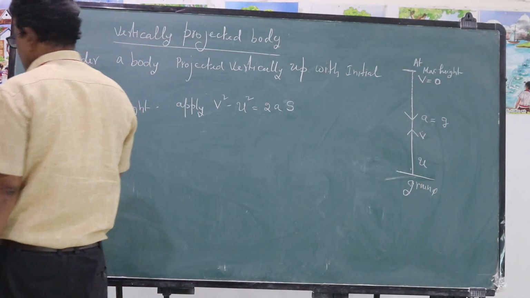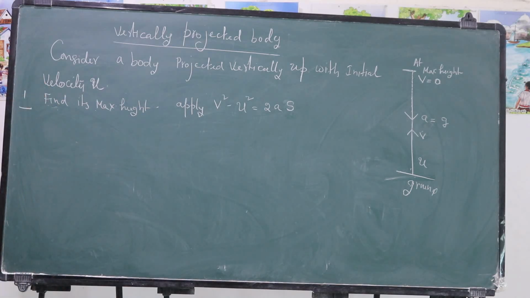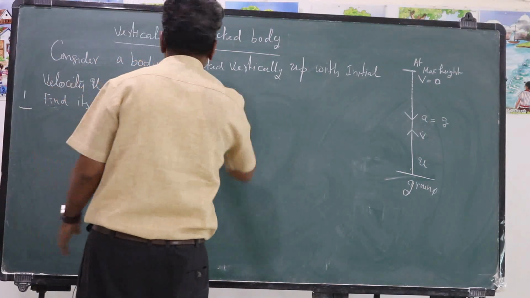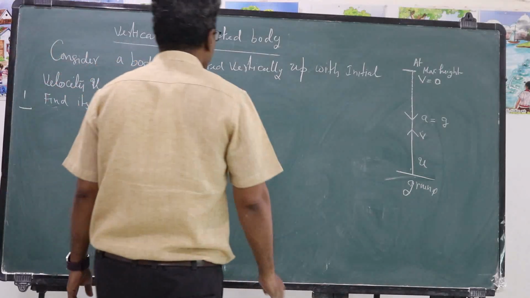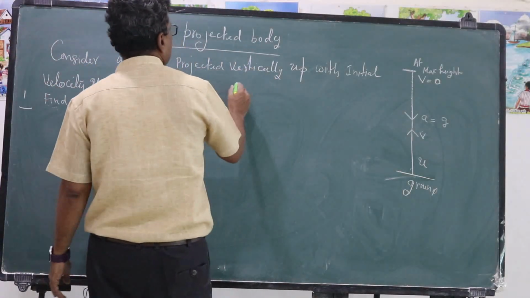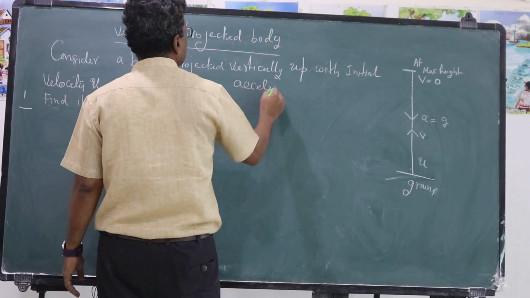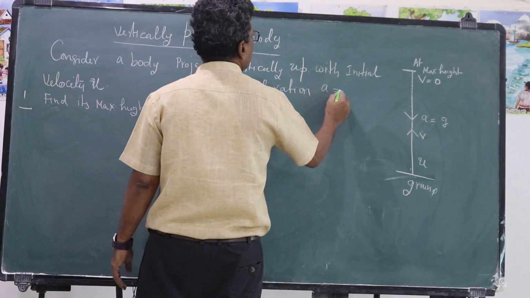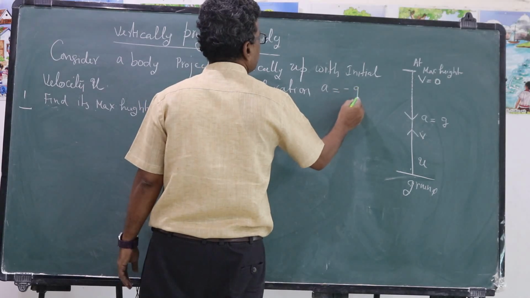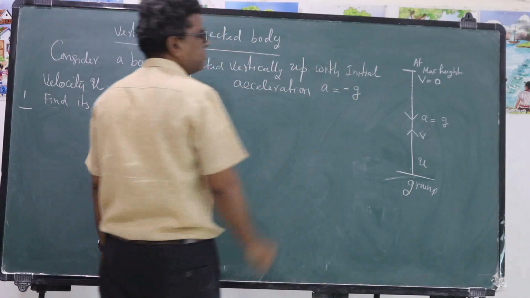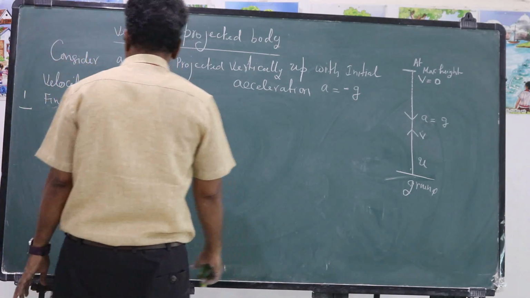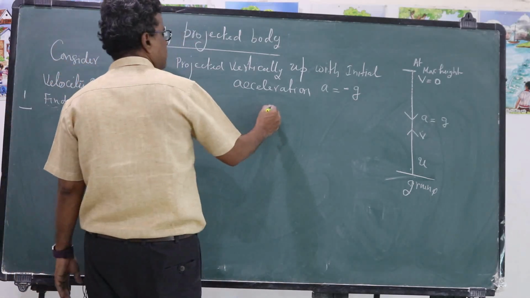Before going to this answer, I will just explain how these equations of motion apply for a vertically projected body. This acceleration you take as a is equal to minus g. That is retardation; minus g indicates retardation. So you apply equations of motion.